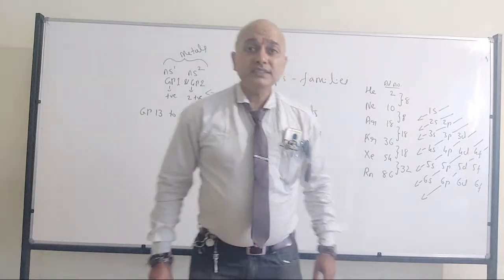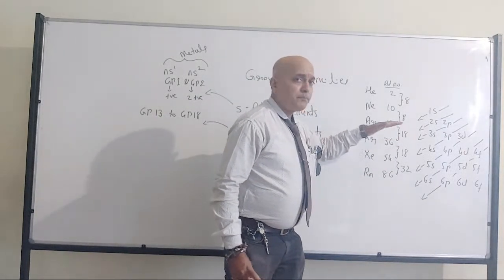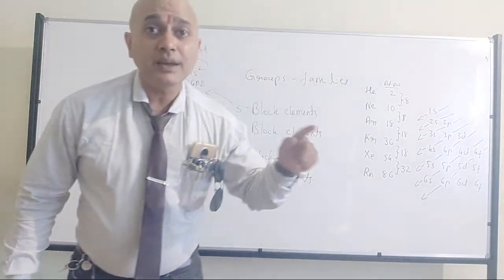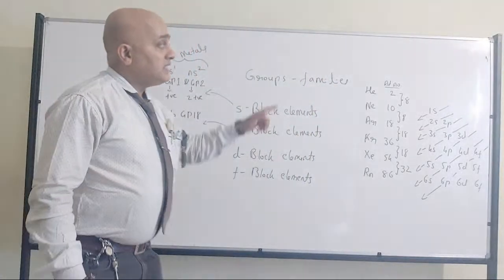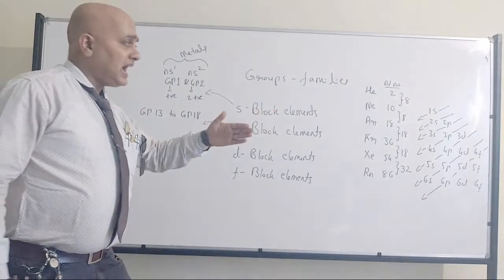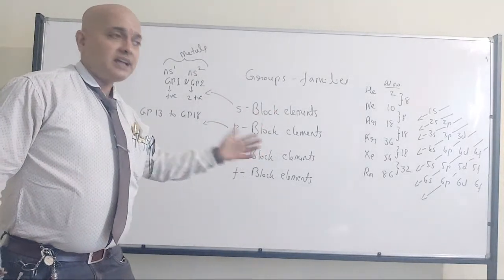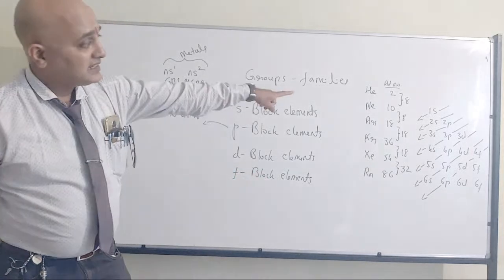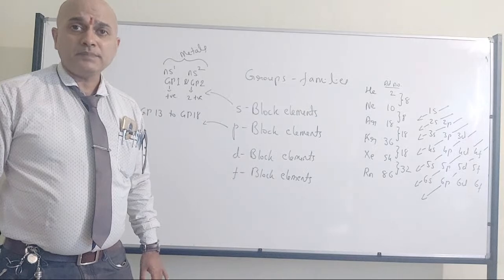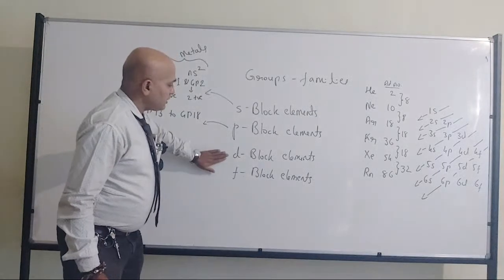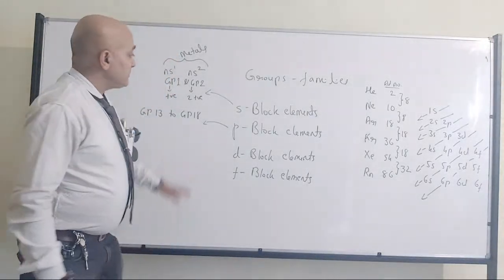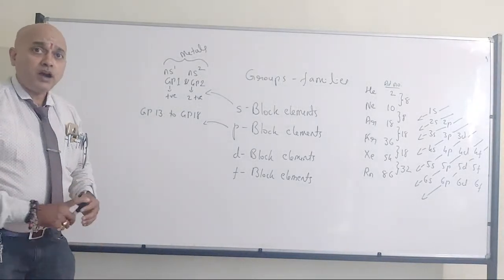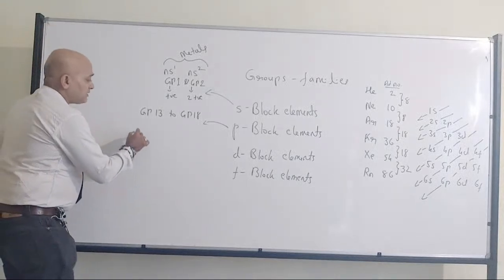So from period number 4, the P block will have, prior to it, elements which are called D block elements, because D subshells are getting filled up. Anyway, I will come to that when I talk about D block elements.